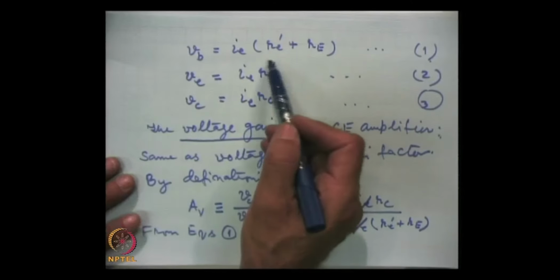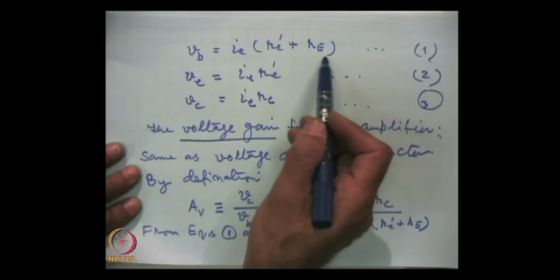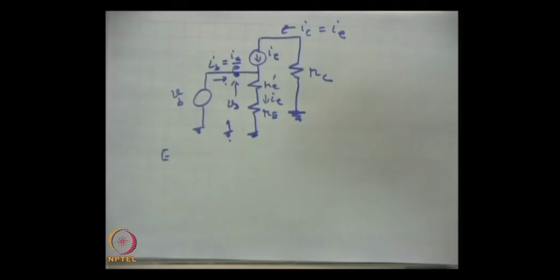Now, we are using I E equal to I B times R E prime plus effective value of ammeter resistance.